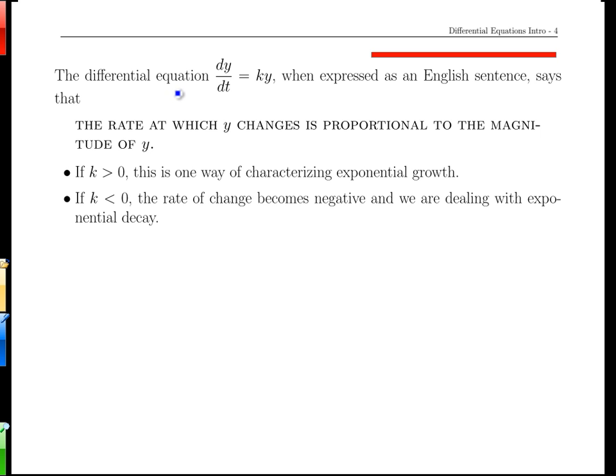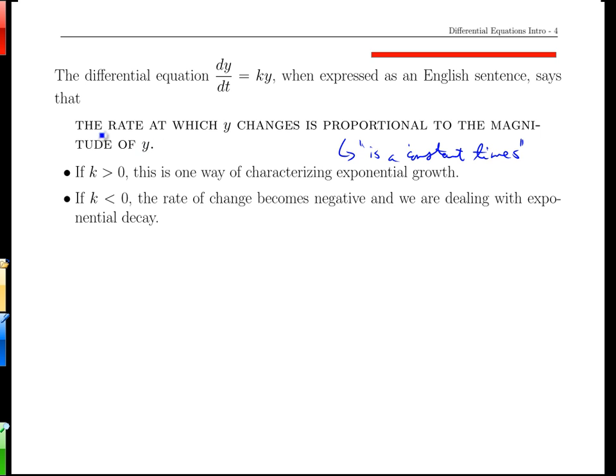Expressing this in English, here's dy dt equals k times y. What is that saying? Well, it's saying the rate at which y changes, dy dt, is proportional to, and remember the phrases for this, a constant times y itself.